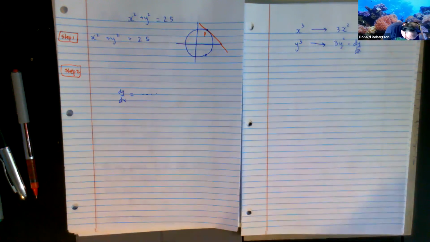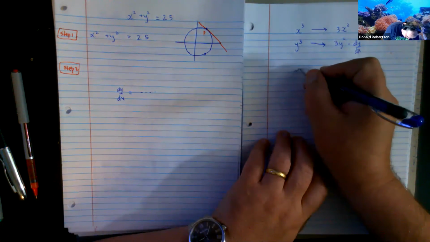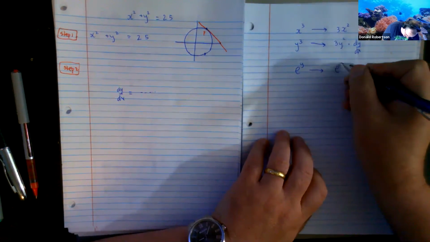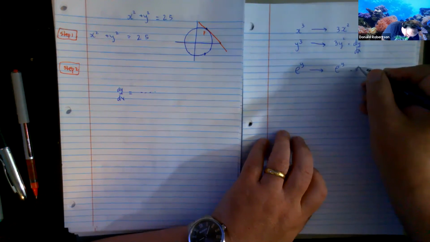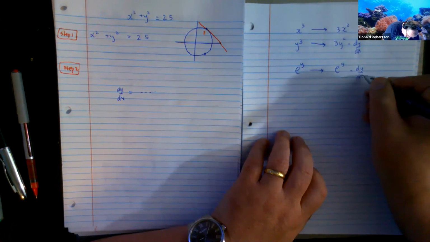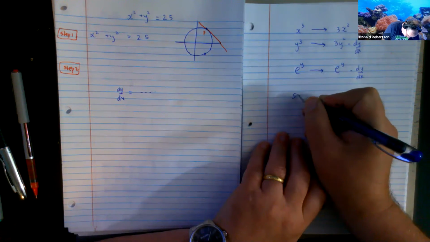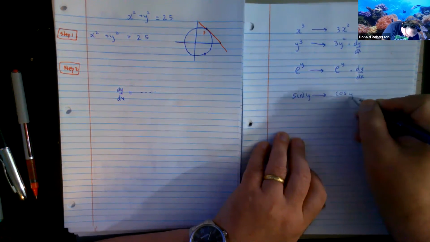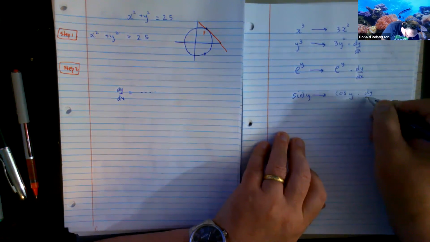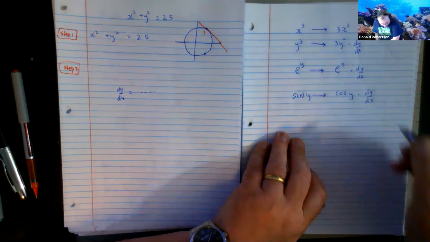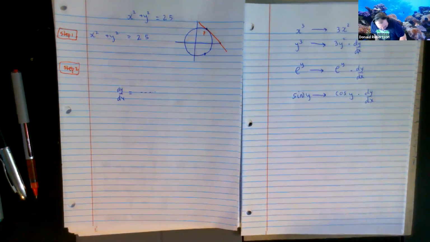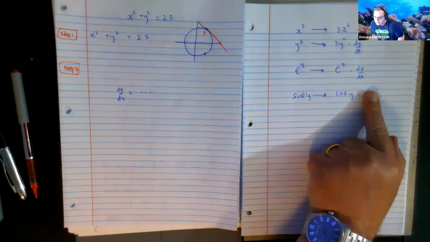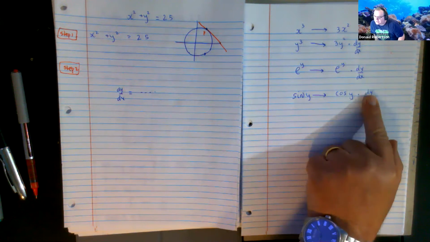If I asked you to differentiate e to the y, the answer would be e to the y times dy by dx. If I asked you to differentiate the sine of y, the answer would be the cosine of y times dy by dx. The theme is pretty much the same thing that you would normally do: differentiate, but with an extra dy by dx.